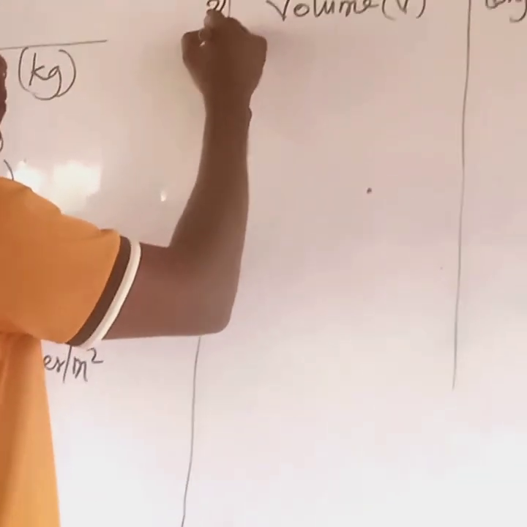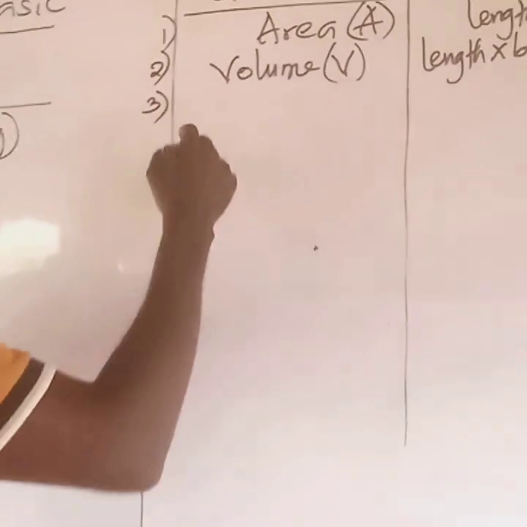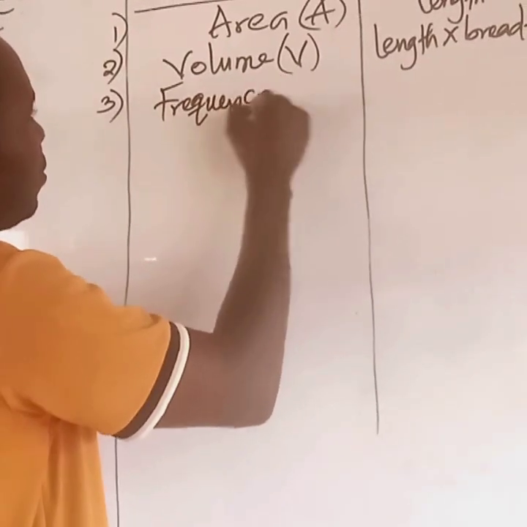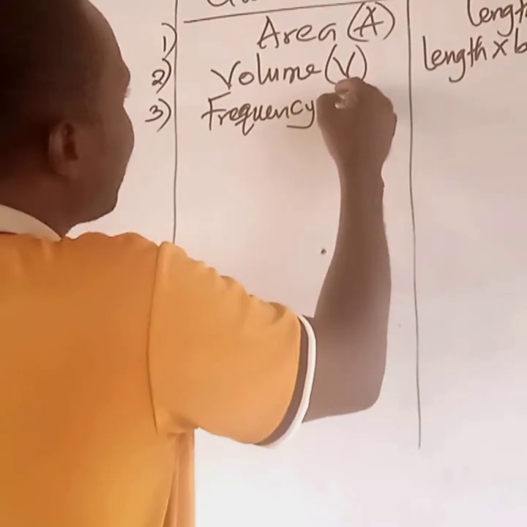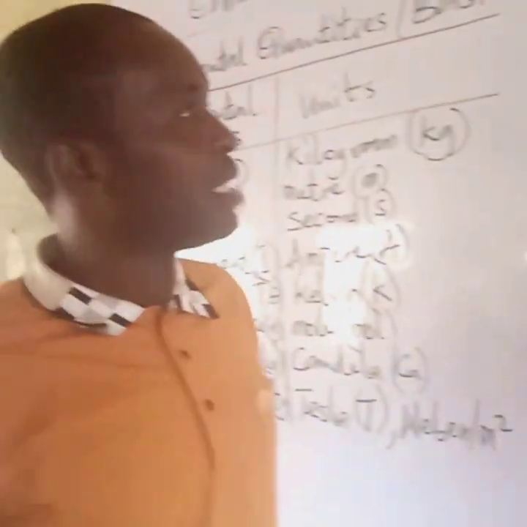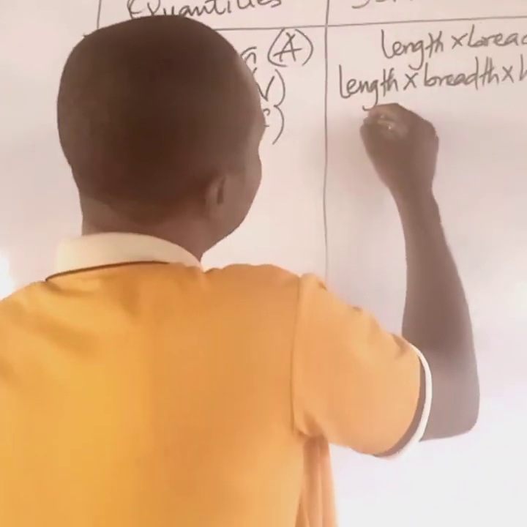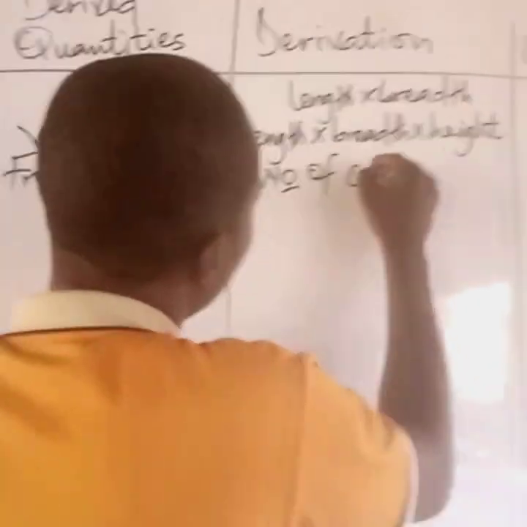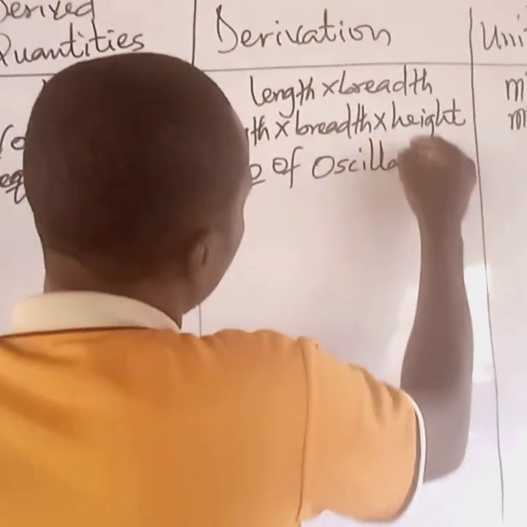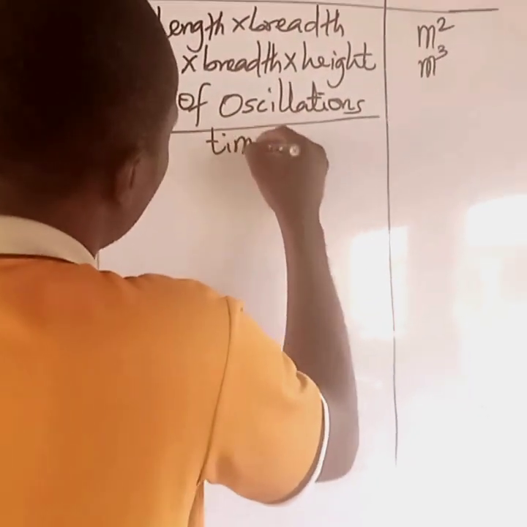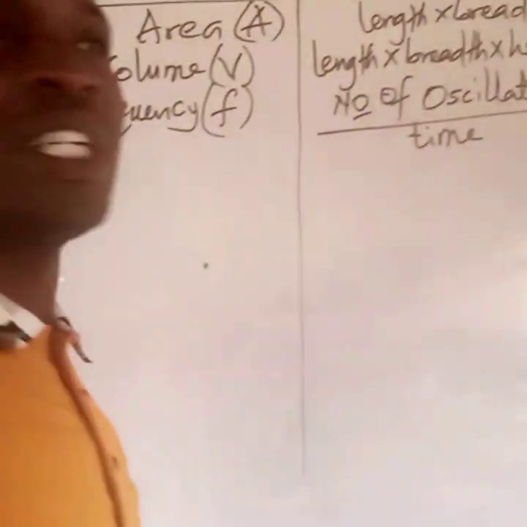Let's look at number 3. We'll talk about frequency. Frequency is also a derived quantity. And the derivation for that is number of oscillations over time.